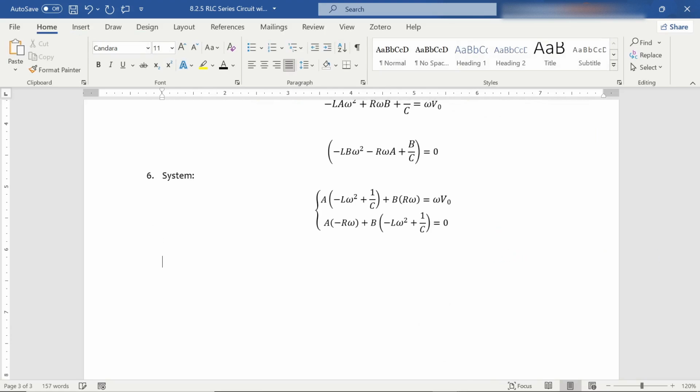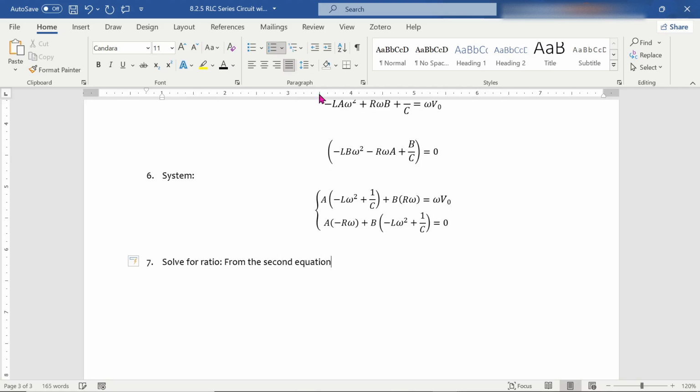Now, to solve this, it's better if we solve for the ratio, and that is from the second equation.